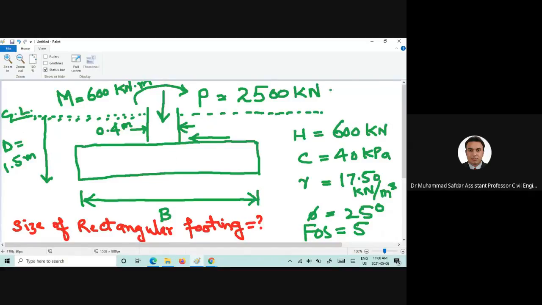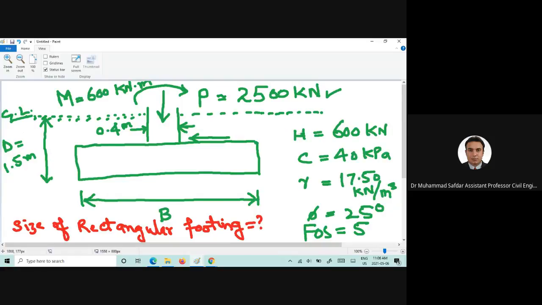Now a load of 2500 kilonewton is applied vertically and a moment is applied in the direction of the width of the foundation, and that is equal to 600 kilonewton meter. The width of the column is 0.4 meter and the depth of this foundation is equal to 1.5 meter.